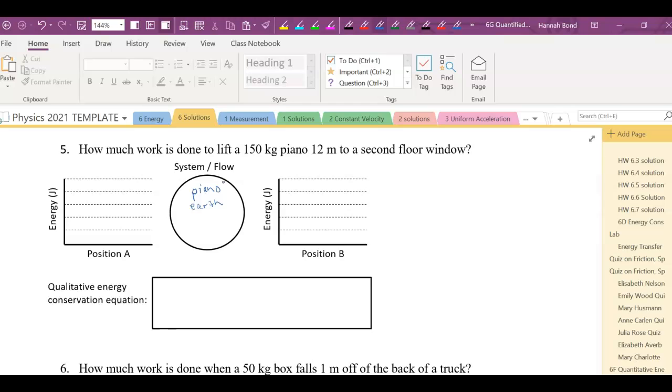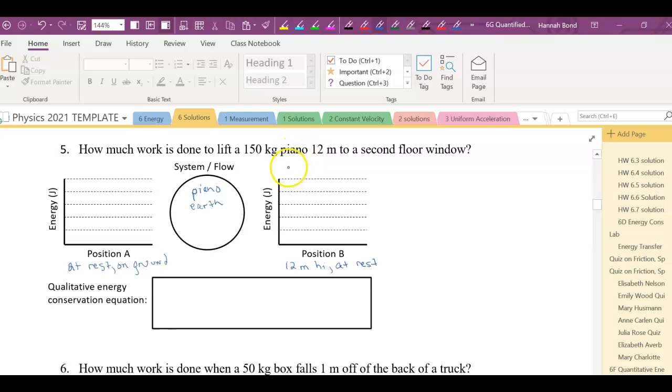So at the beginning, the piano is at rest on the ground. And then when it has been lifted up 12 meters, so now it's 12 meters high, it's still at rest. It was moving as it was moving between the ground and 12 meters high, but when they get it up there, it's at rest.